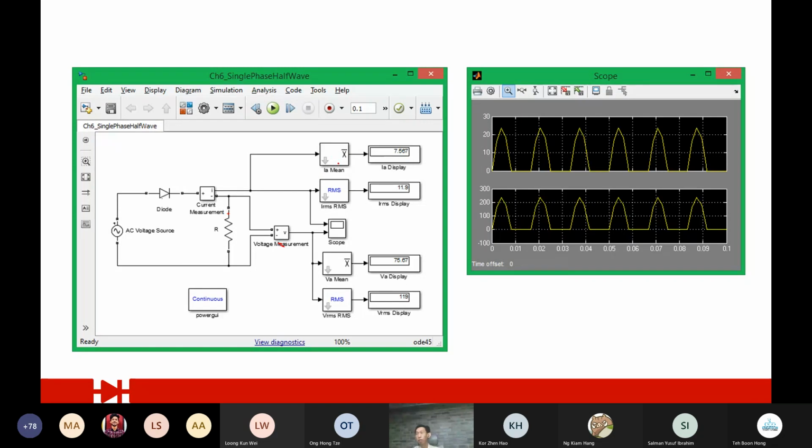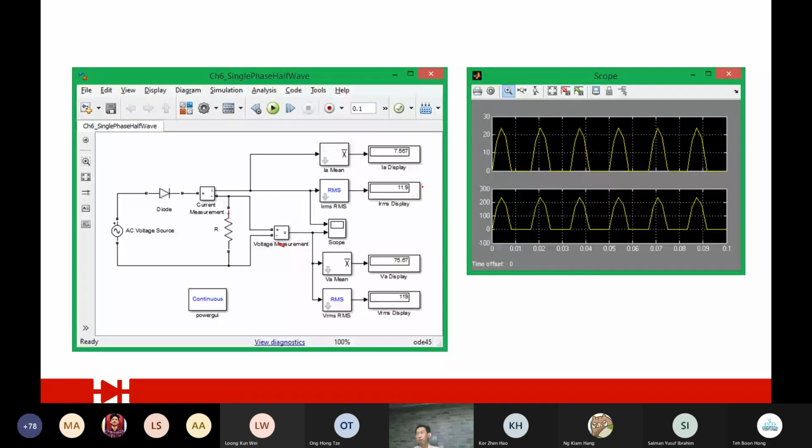And of course, we want to measure the AC, so we have to use the RMS blocks. These two will measure the current, and these two will measure the voltage. You multiply them, you get the power, then you will see the efficiency.